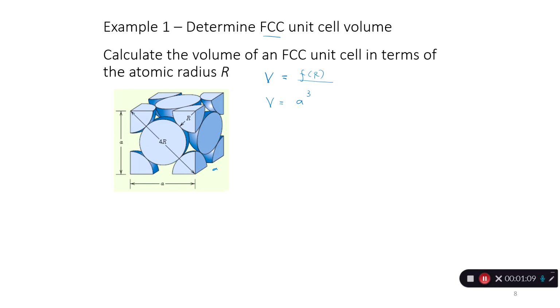So for FCC, it's quite simple. We take this triangle, and this is a, and this is 4r. Where do we get 4r? Because this line is filled with atoms.